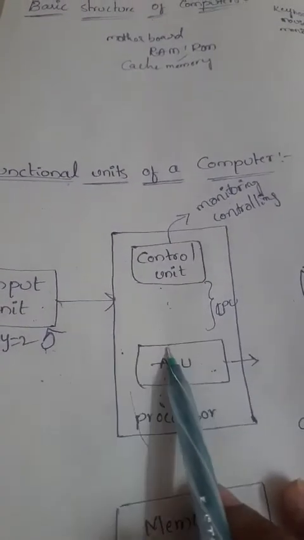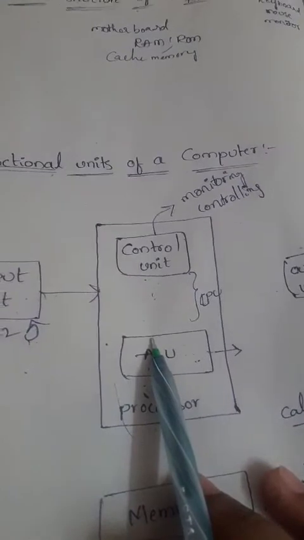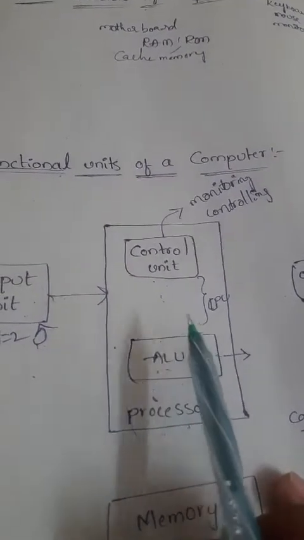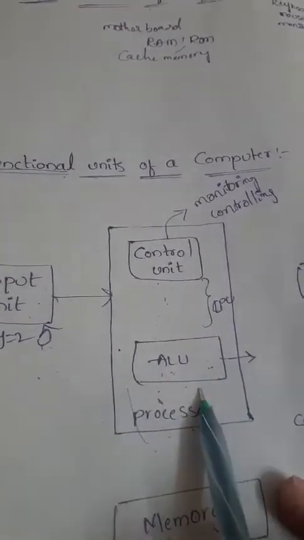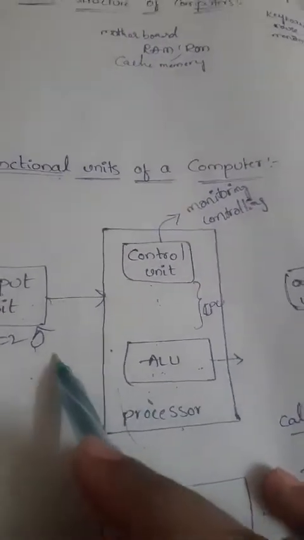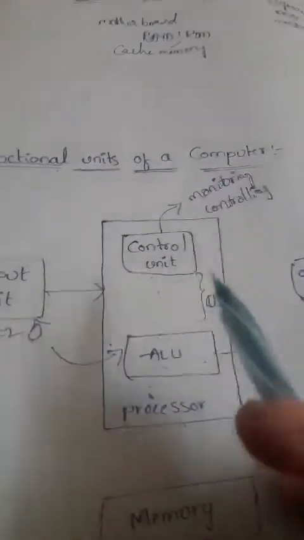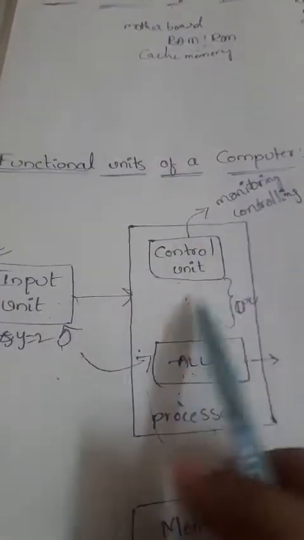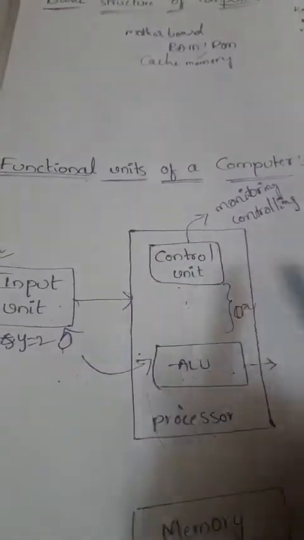So now the CPU, what will it do? The values will be given either to the control unit or to the ALU. The values will be directly given to the ALU box, because the control unit won't do any calculations, it just controls all the activities in the CPU, okay?